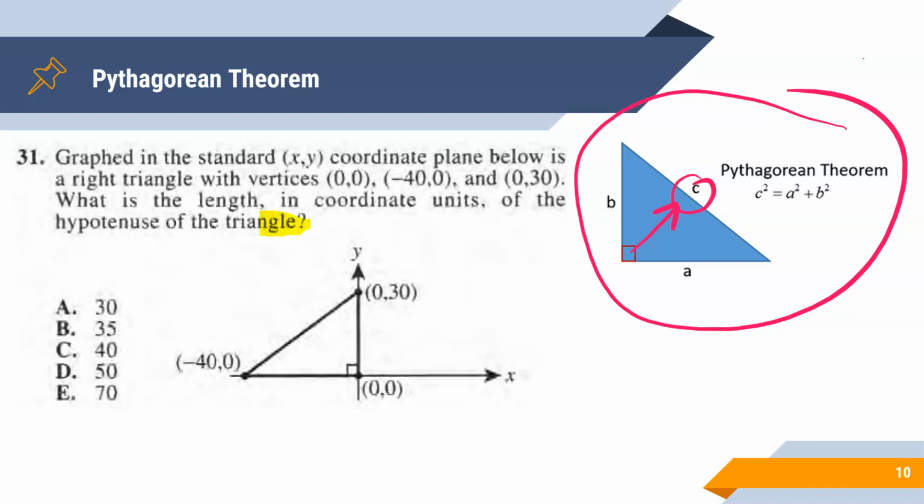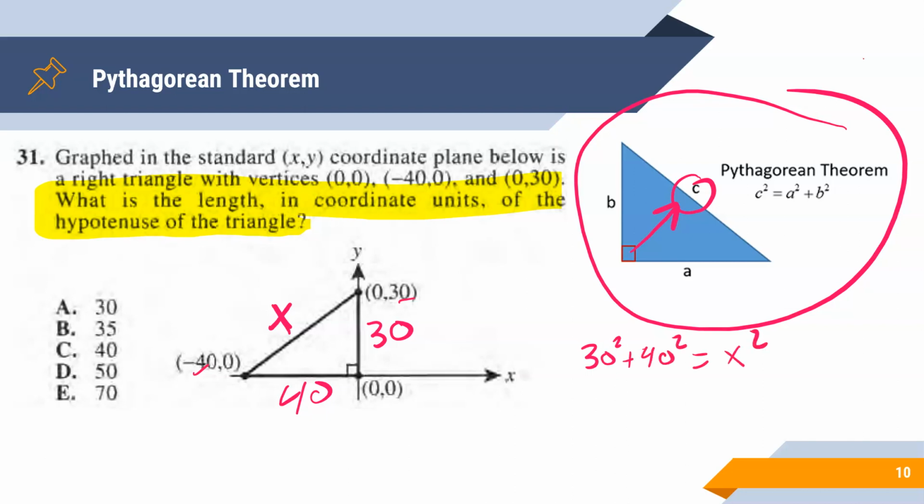Here's a question. Find the question mark, go backwards. What's the length of the hypotenuse? Well, the hypotenuse is here. They want us to figure this out. Well, I look at this picture and I'm like, well, it must be 30 tall and it must be 40 across. So it's going to be 30 squared plus 40 squared equals x squared.